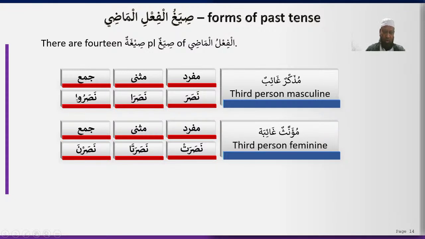Now let's look at what are the sigas that are مبني على السكون. نصرن. So this siga is مبني على السكون. So we say لاتصاله بنون النسوة, because the noon niswa is attached.